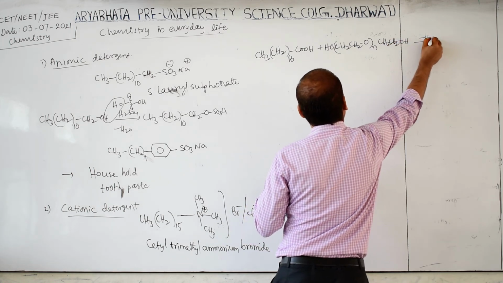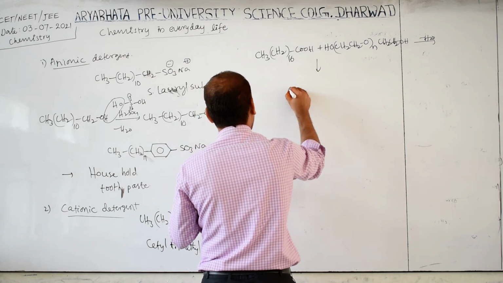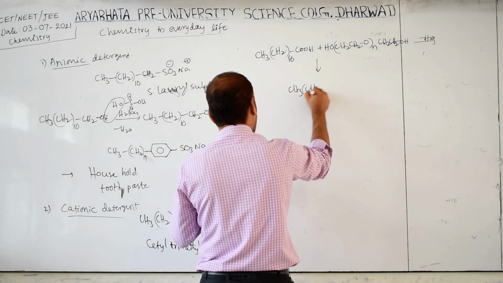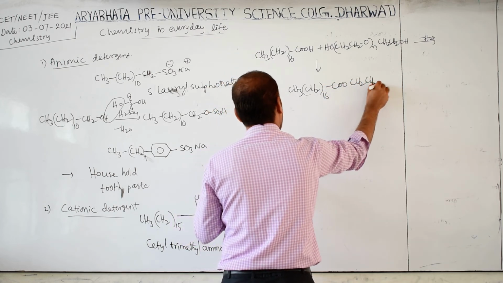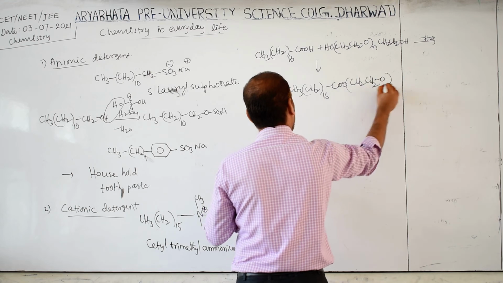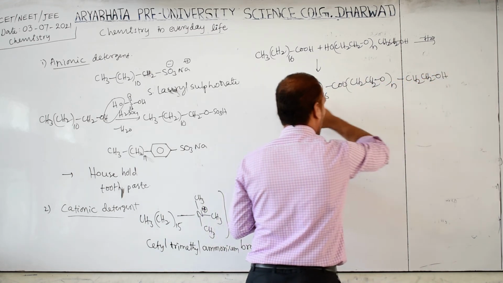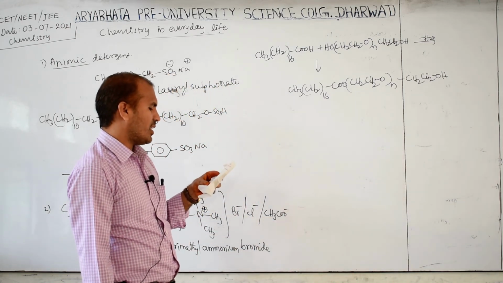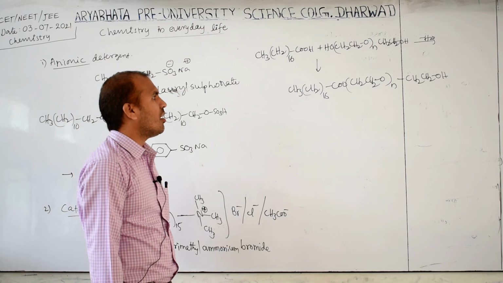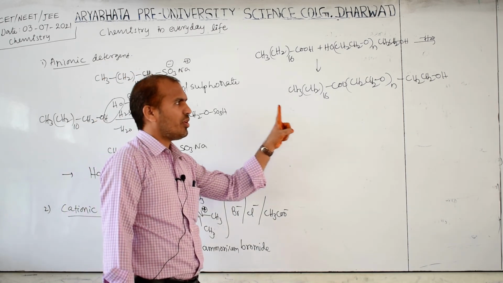Minus water, both react and give water, and it forms CH3(CH2)16COO(CH2CH2O)n CH2CH2OH. Anywhere there is no charge. This is one of the stearic acid and glycol esters. It does not have any positive or negative charge.